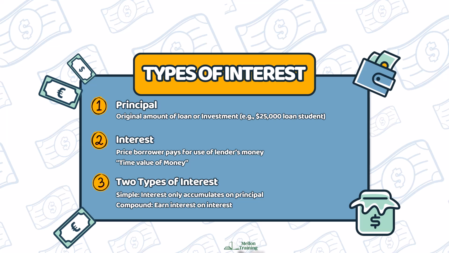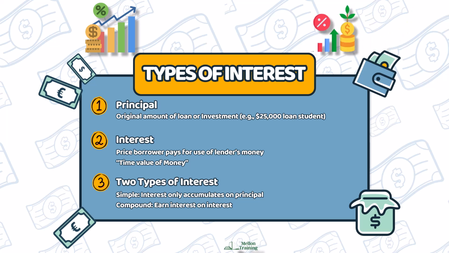And there are two types of interest that we're going to consider. It's simple interest, where the interest accumulates only on the principal, and you will see how this works in just a minute. And compound interest, which is the main type of interest that we're going to see. And that's what businesses and banks use as their primary means of charging interest from consumers.